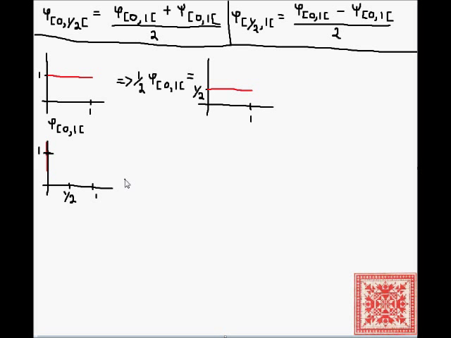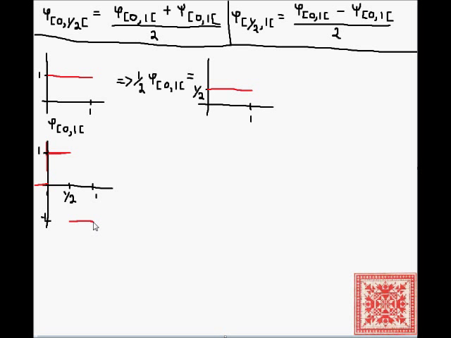Right, and then minus psi from 0 to 1. The basic wavelet is going to look like this.